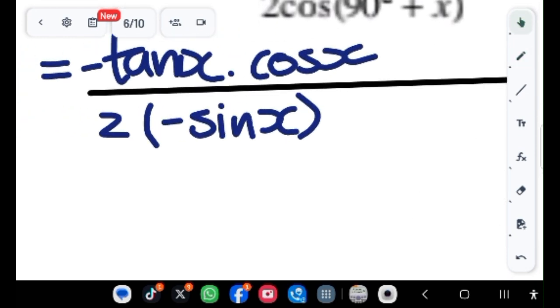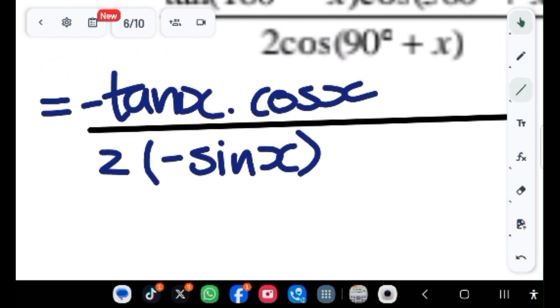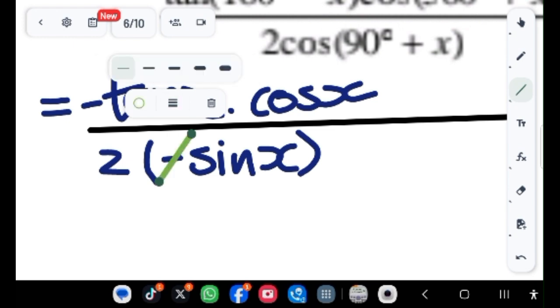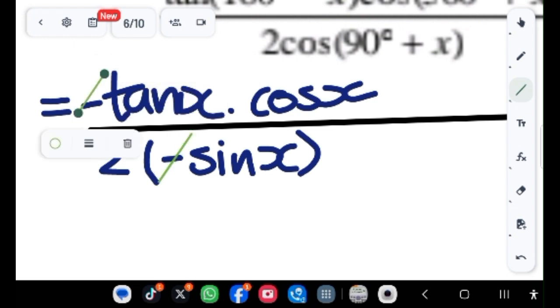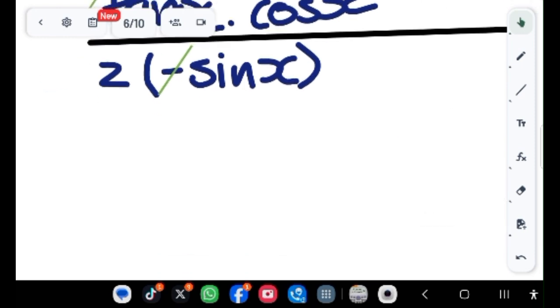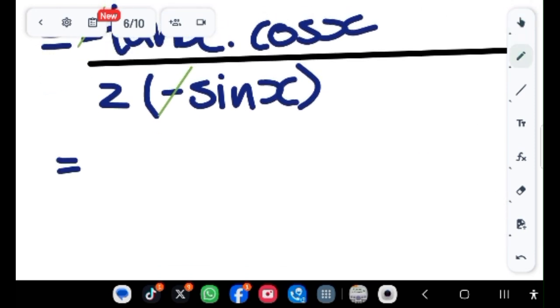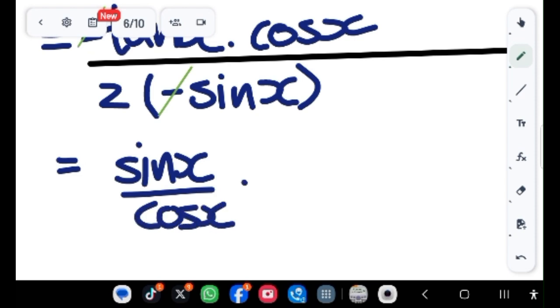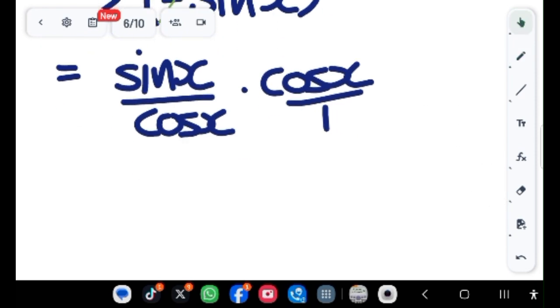And therefore now the negative signs cancel out. Okay, let's cancel out the negative signs, and then the tan is changed into its quotient identity, so it becomes sine of x over cos of x times cos of x. That you can also write as over 1 if you want to.